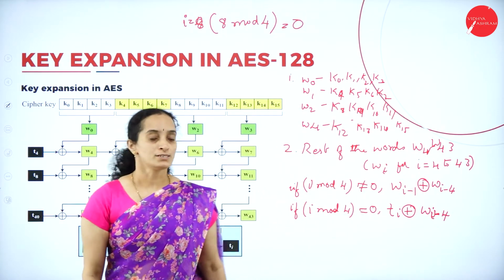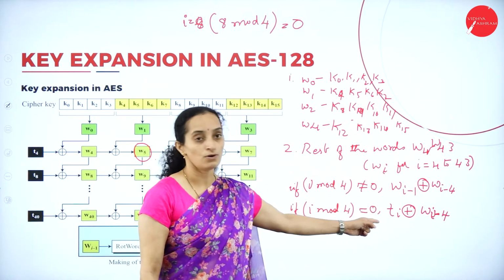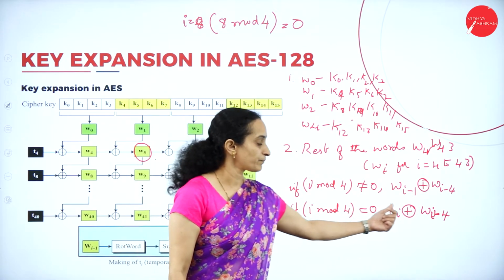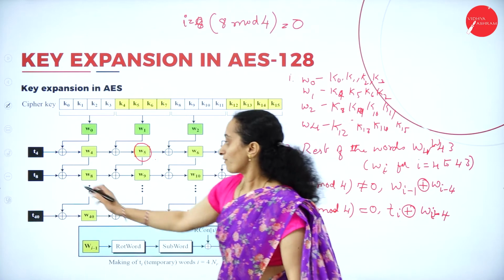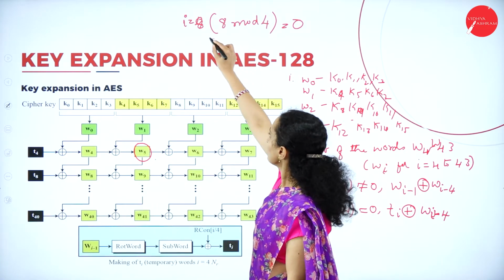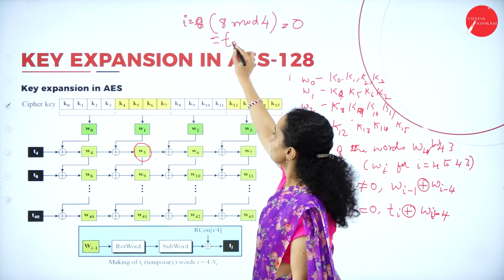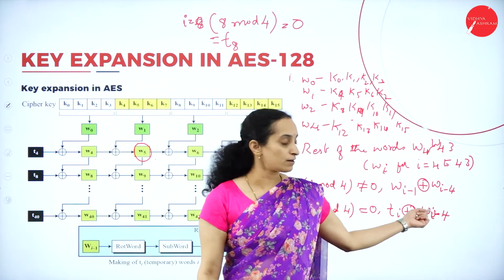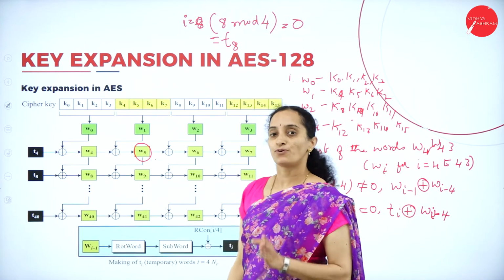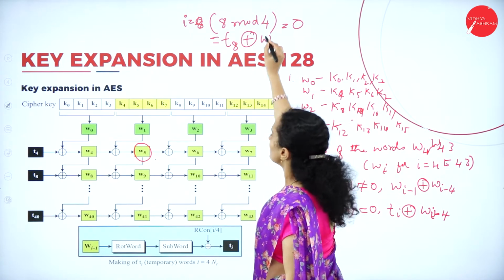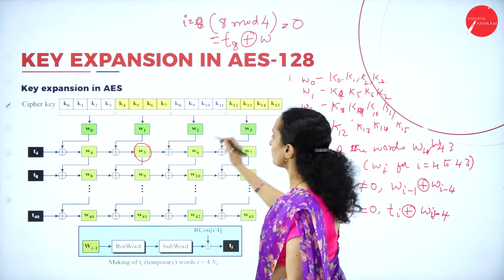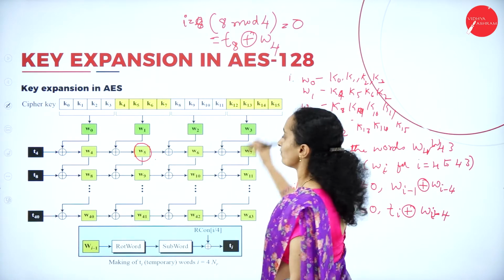When modulus operation becomes equal to 0, what we have to take is one word from temporary word. That is from T8. T8 XORed with Wi minus 4. I is 8 XORed with W8 minus 4, that is W4.